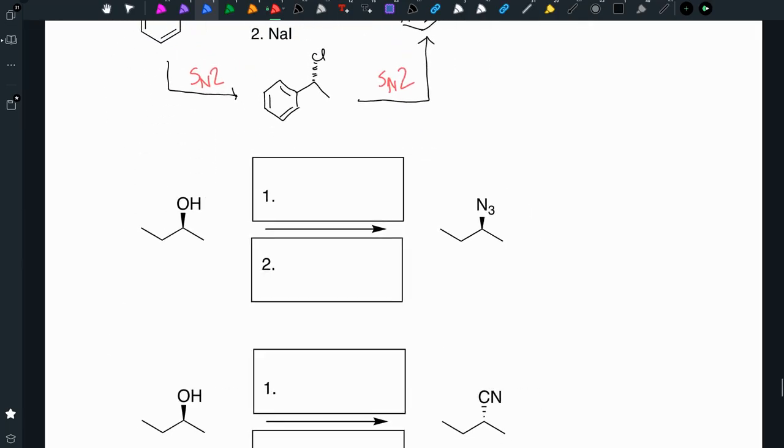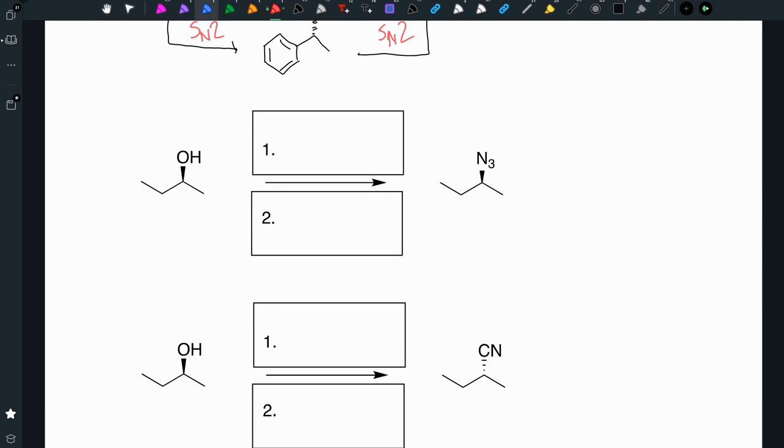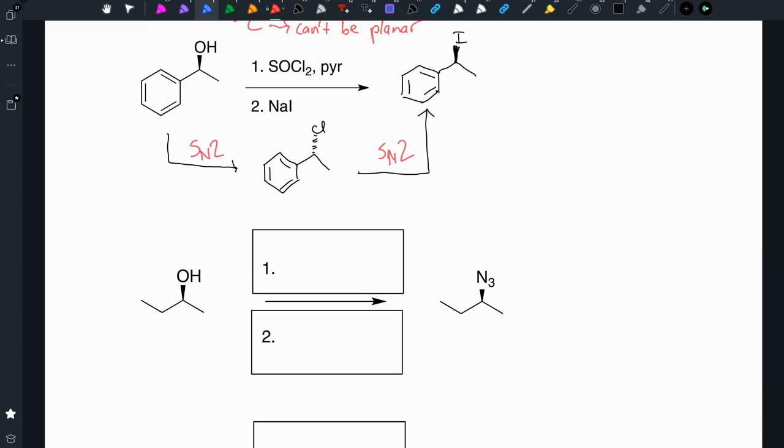That gives me a clue about what reagents to choose in this next case. So I want to get back to the stereochemistry I started with. So probably I'm going to want to choose one of those 2 that inverts, and then I can invert again, do the same thing.